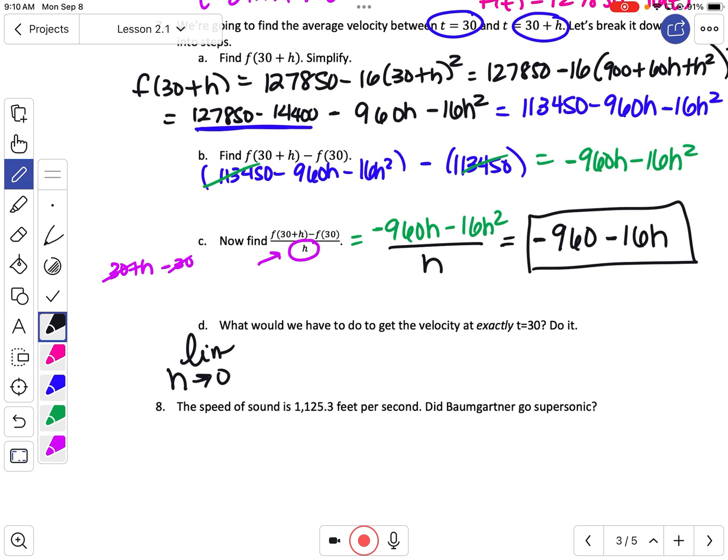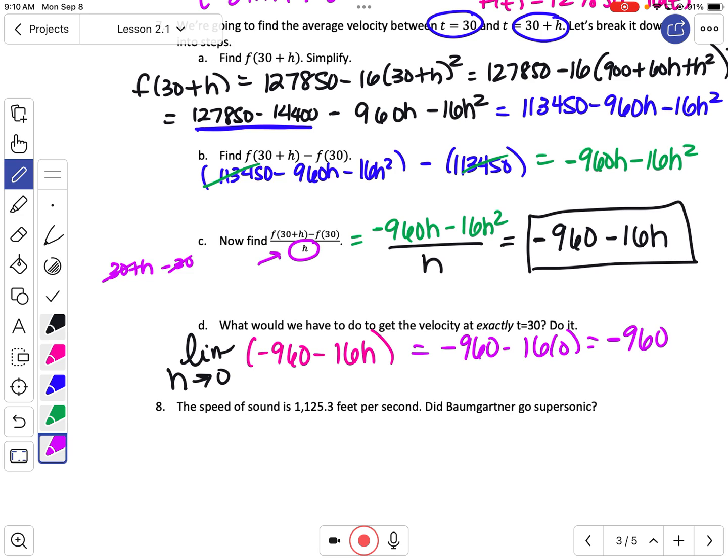Well, here's our average velocity that we just did, negative 960 minus 16h. Okay, h is my variable, and so if I plug in 0 for h, I no longer need the limit. I just have negative 960 minus 16 times 0, which is negative 960 feet per second.